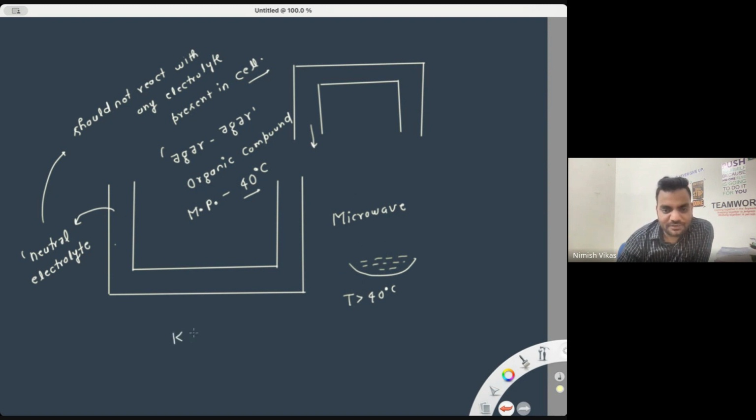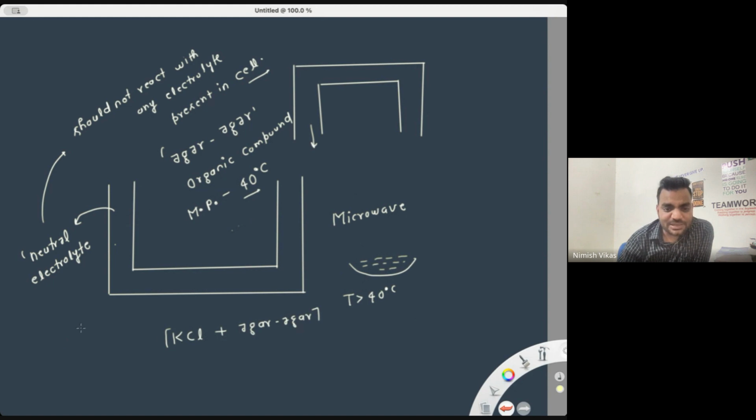So KCl solution will fall down, but if you mix KCl solution with agar, it's a gelatin-like substance. It can very well mix up with KCl. So KCl and agar, this mixture will be created. And then this mixture we can fill inside this glass tube.